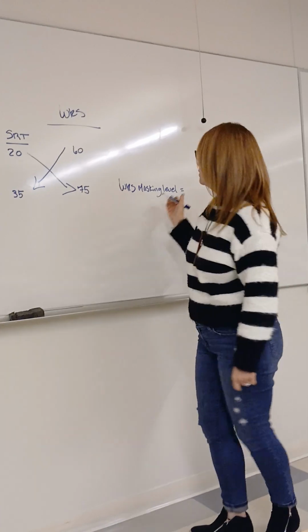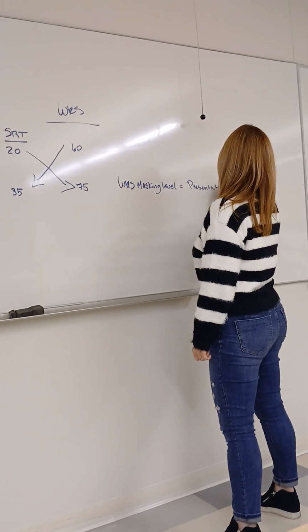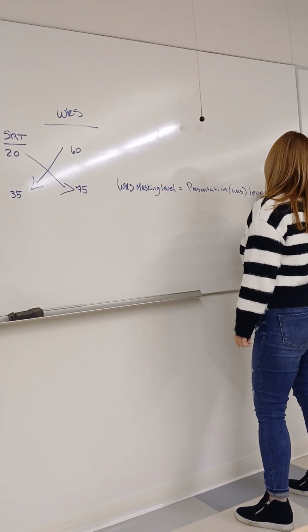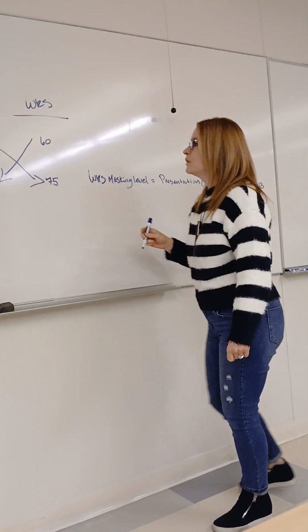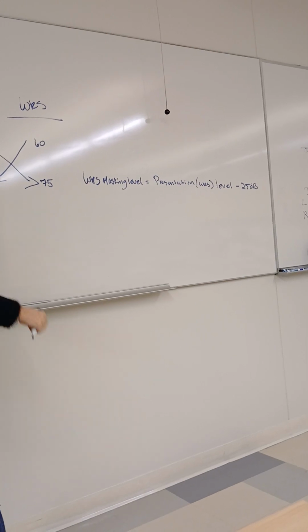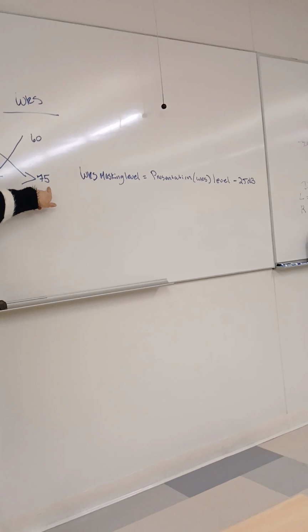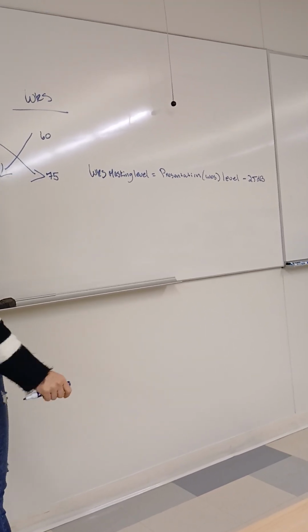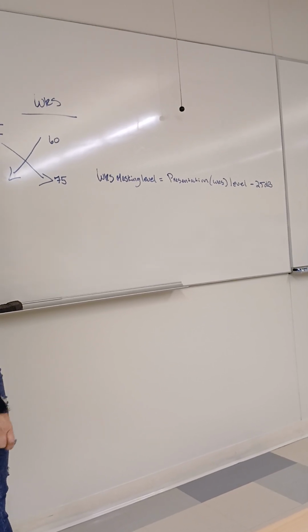So what's 75 minus 25? 50. So you're gonna put 50 dB of masking in your non-test ear. Okay? Easy peasy lemon squeezy.